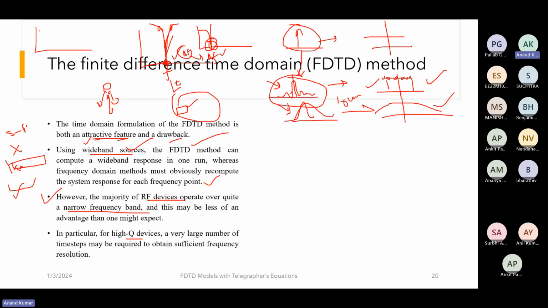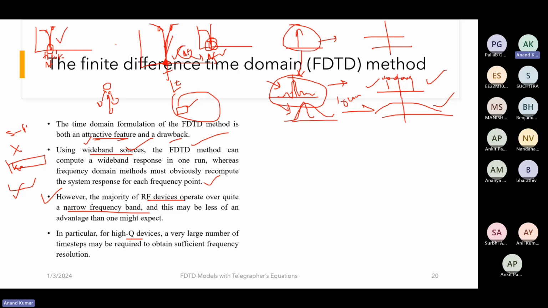For a particular resonance, say this is F1, this is F2, and this is F3 over here, at three points. In the frequency domain, since you're solving at this delta F, you solve at this particular frequency and you will get the correct value.